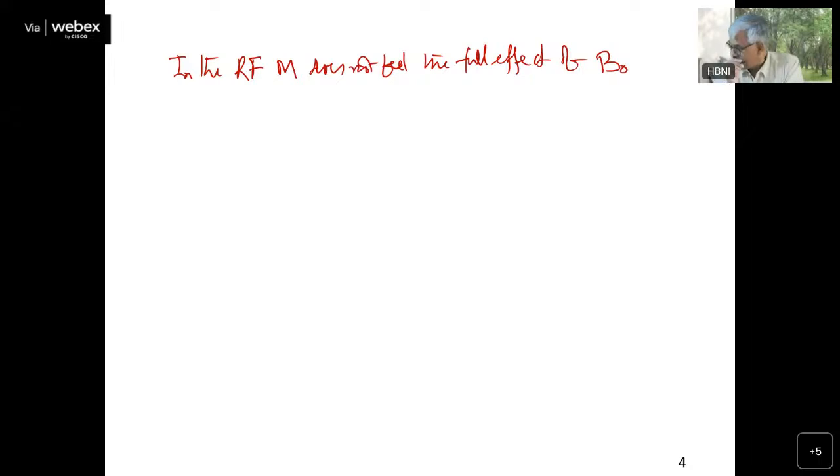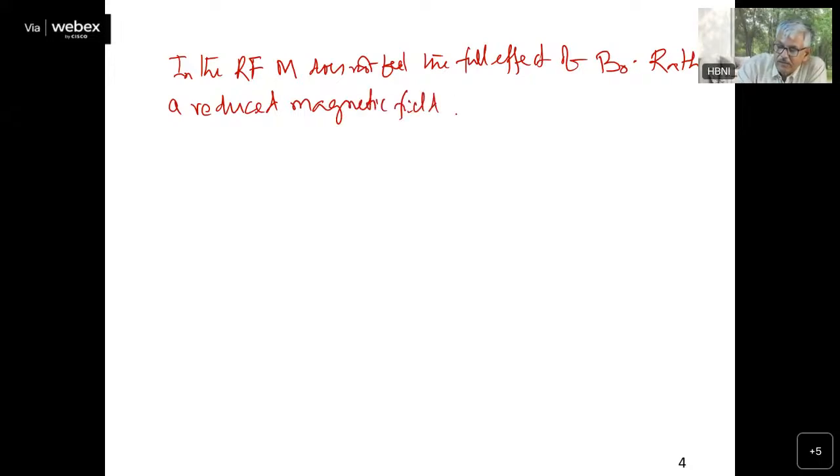Rather, it feels a reduced magnetic field, B prime.